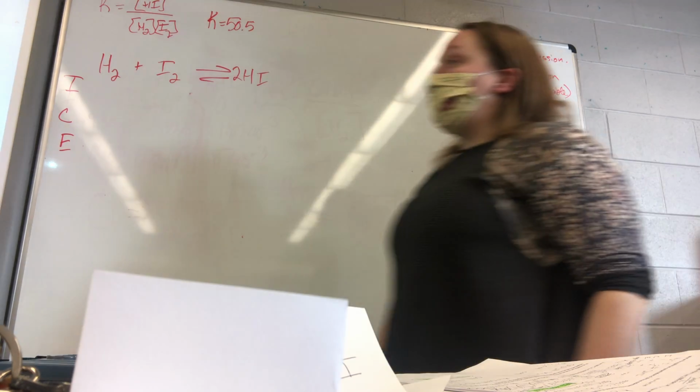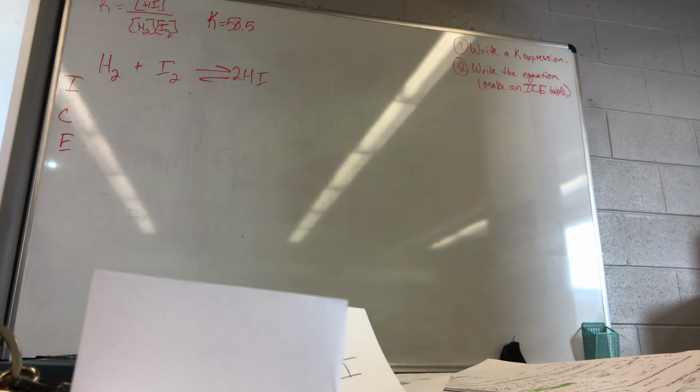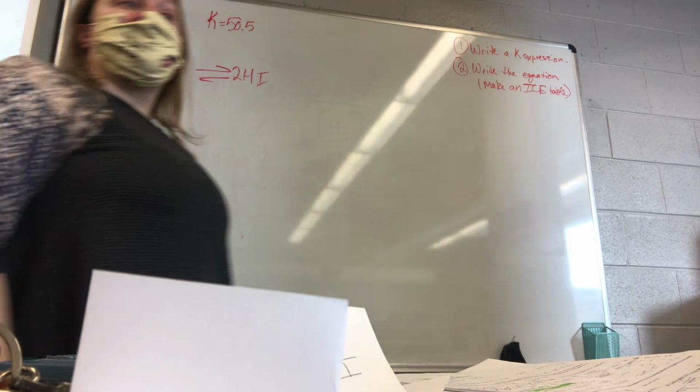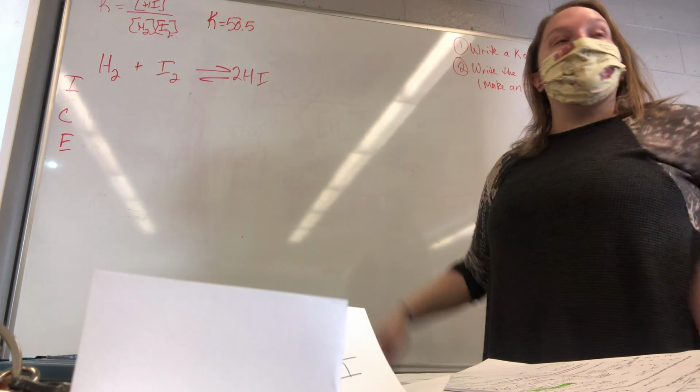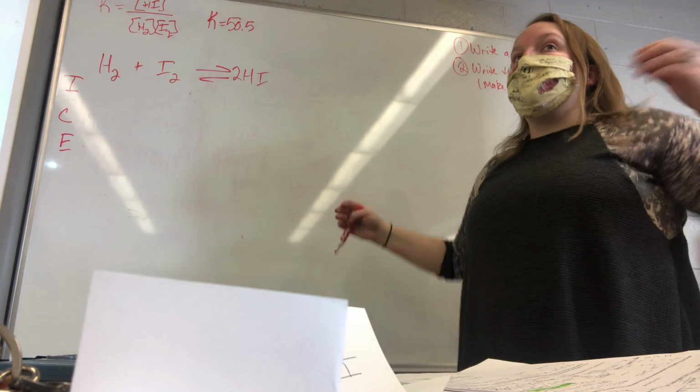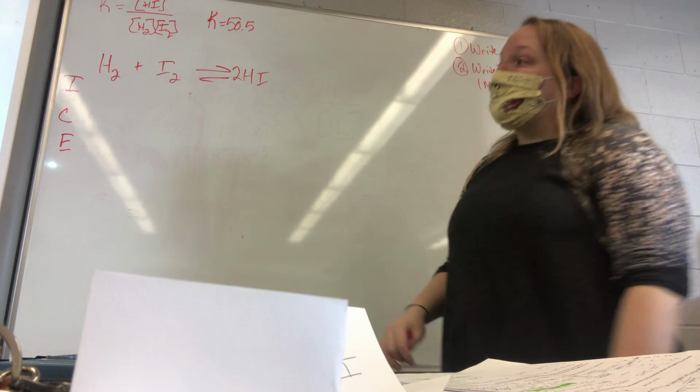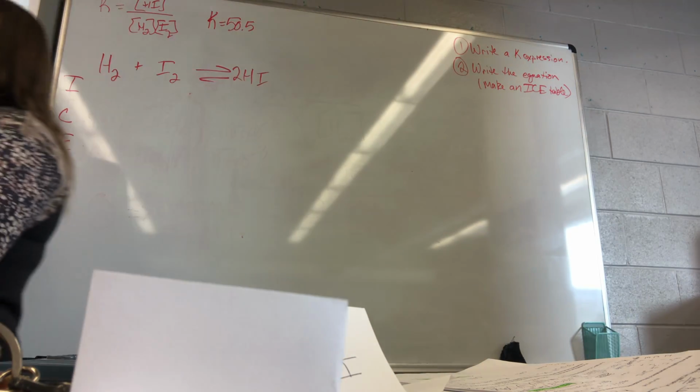We're told that we have 1 mole of H2 and 2 moles of I2. Do you think that those are initial or final concentrations? Probably initial concentrations. It says that the flask is charged with, meaning something is added to it, and then it's allowed to come to equilibrium.